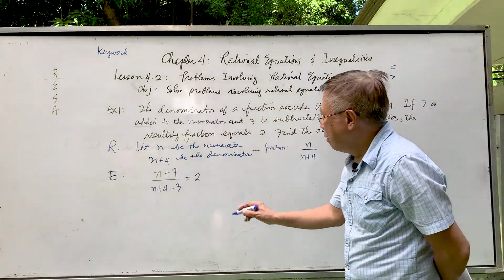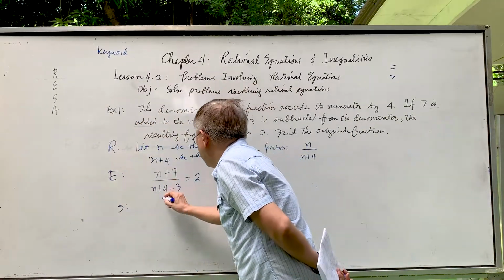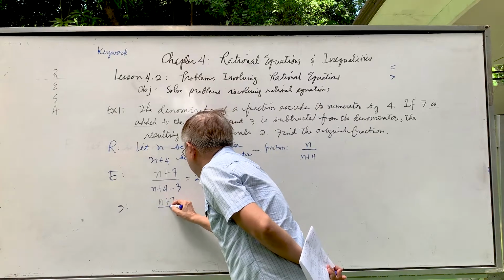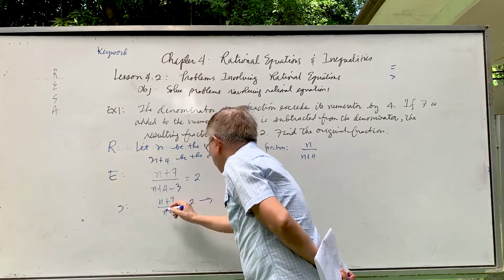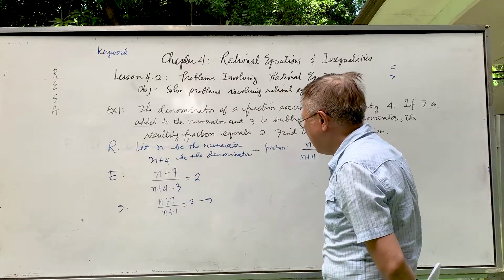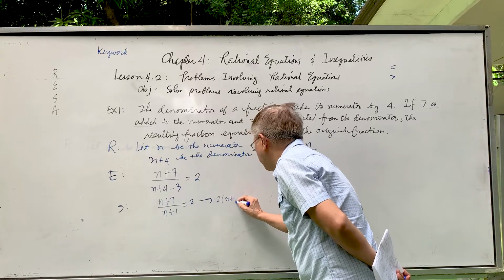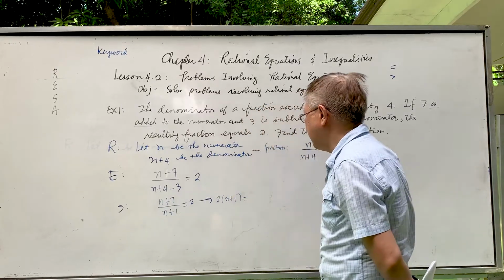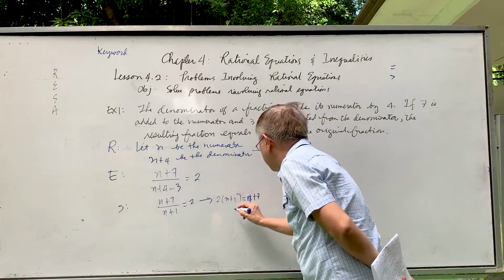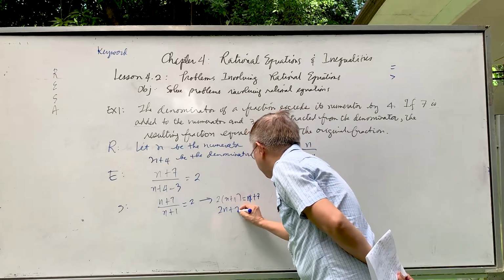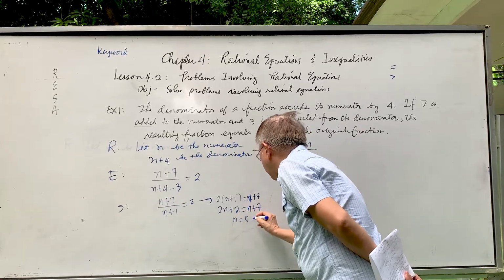And then the next here will be your solution. I can now solve this equation. n plus 7 over n plus 1 equals 2. That's a rational equation. I can cross multiply. I will get here what? 2 times n plus 1 equals n plus 7. Solving for n here, I will get here n equals 5.